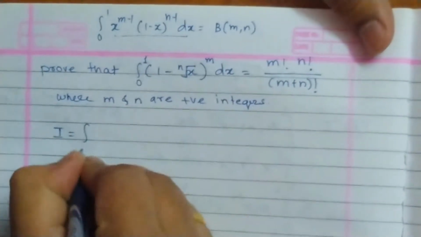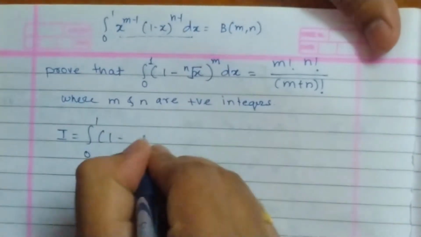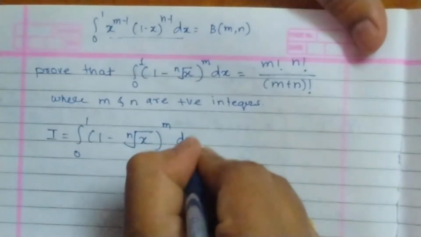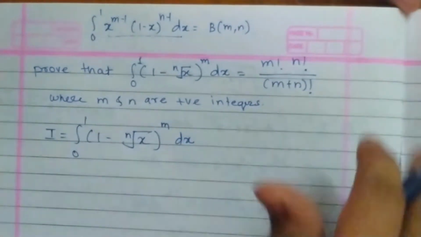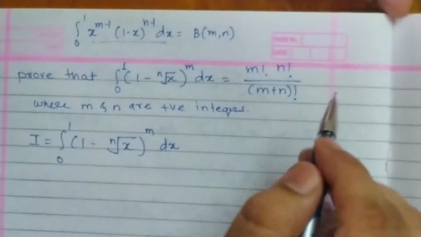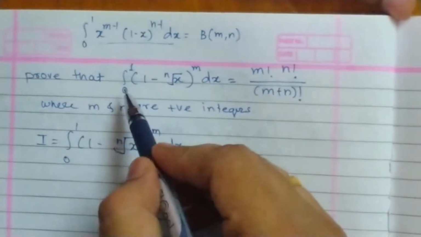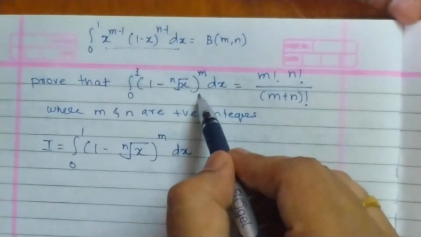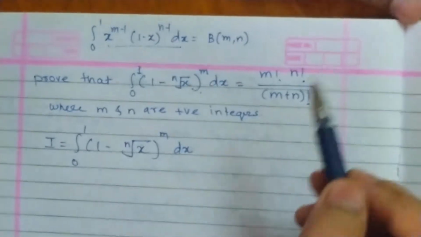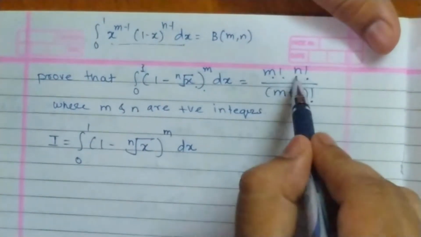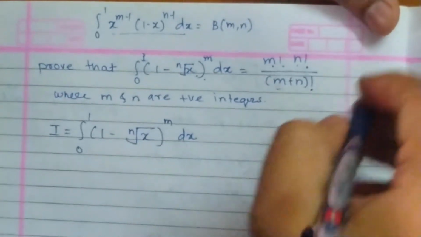I is equal to the integration from 0 to 1 of (1 minus nth root of x) raised to m, dx. Again you may ask, sir, why are you converting this into a beta function? The answer is very clear. The limits are from 0 to 1 and algebraic terms are present, hence I am trying to convert it into a beta function. On the right hand side I have m factorial n factorial upon (m plus n) factorial.